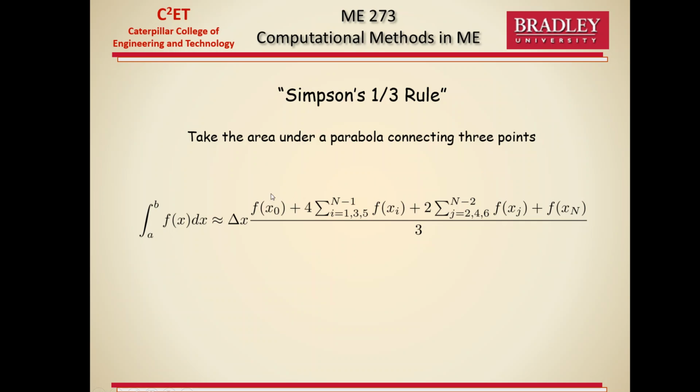Also, f of x0 and f of xn in the numerator are just evaluated one time, very much like the trapezoid rule. There is a different factor here, 3. This is why it's called the Simpson 1/3 rule. Once you've generated these types of expressions, it's actually quite easy to program. It might not be obvious where this comes from, so I'm going to point you back to the book.